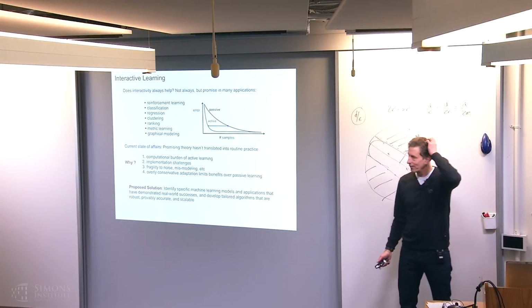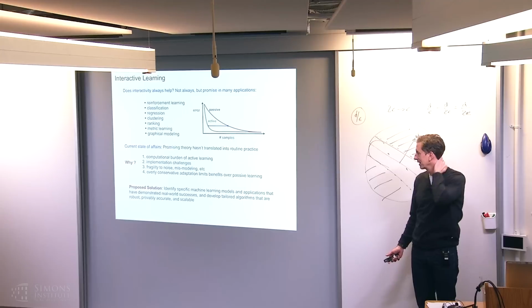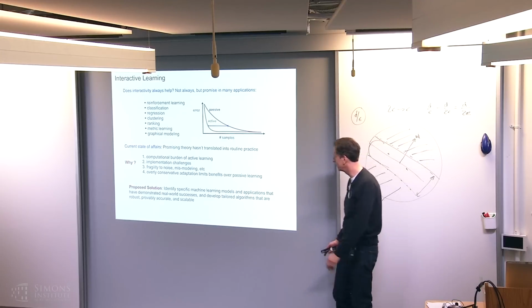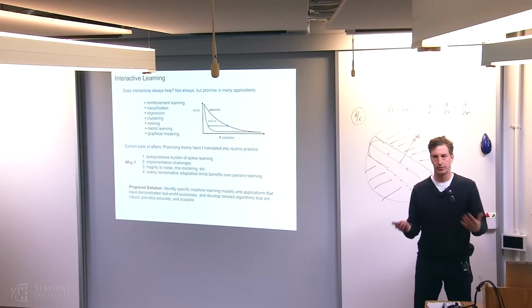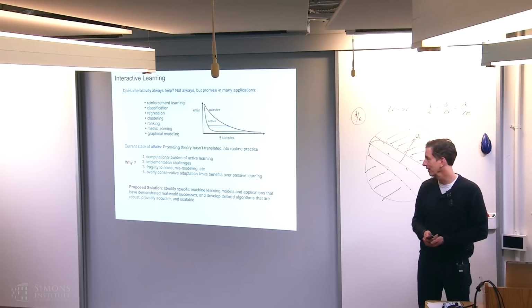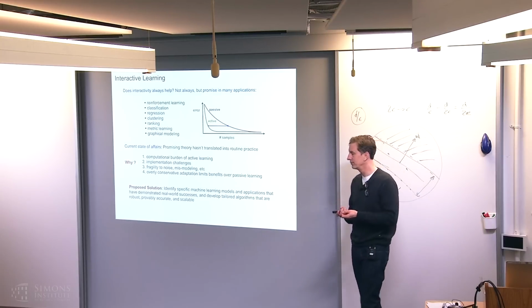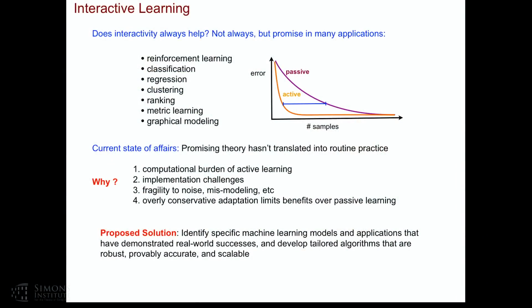So one solution for starting to close some of the gaps between theory and practice is to look at specific cases where we have good empirical success and a decent amount of theoretical understanding, and then really try to develop practical algorithms that are robust, scalable, accurate, and work, and give provably guaranteed results.